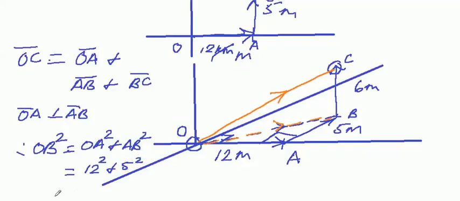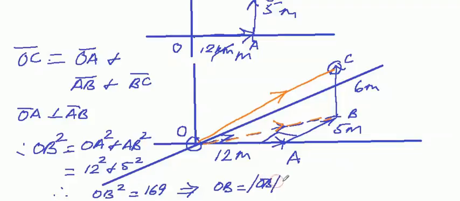So therefore OB square is equal to 169, or OB, which is the magnitude of vector OB, is root of 169, which is 13 meters. Correct?